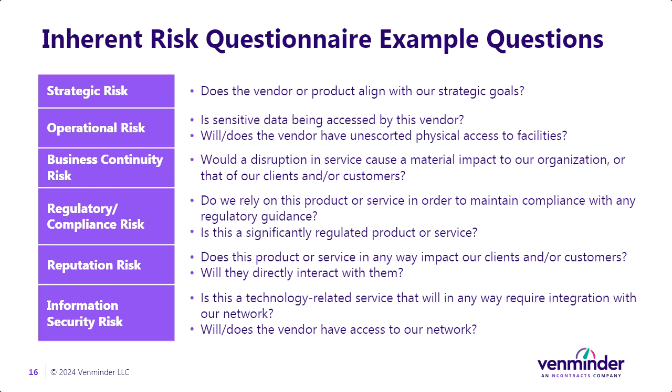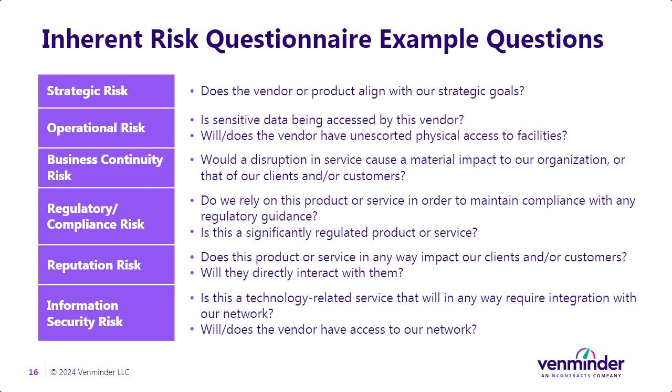These next 2 slides will give you some examples for each of these risk domains. Of course, there's many other questions that could be asked, but we pulled out a few to provide just a selection for you. So for strategic risk, does the vendor or product align with our strategic goals? Operational, is sensitive data being accessed by this vendor?